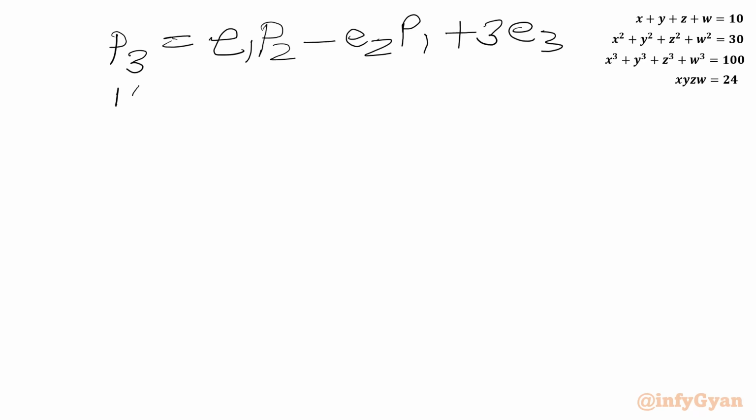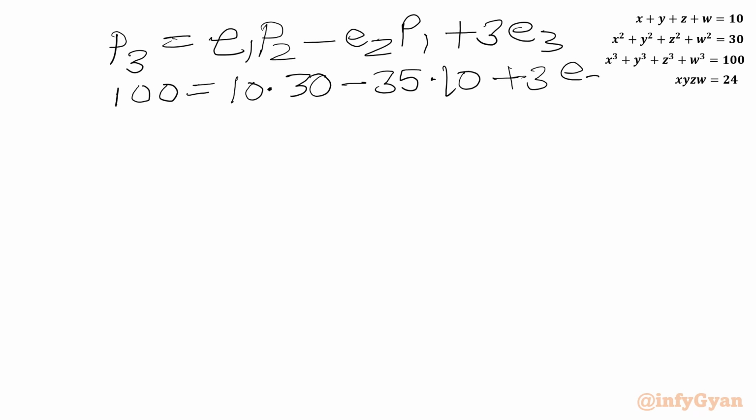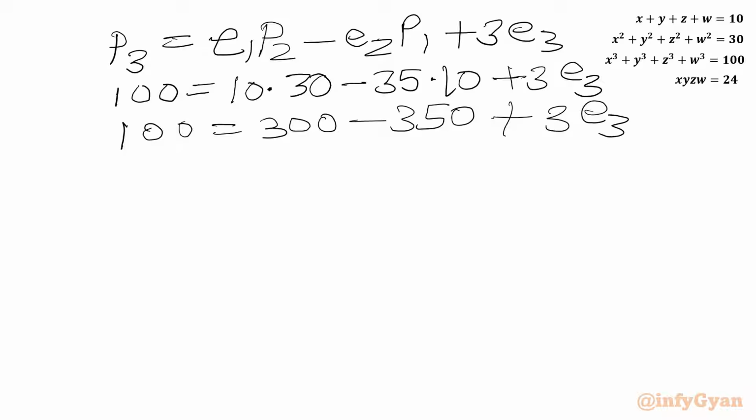P3 100, E1 10, P2 30 minus E2 is 35, P1 is again 10 plus 3 times E3. And from this equation, we will calculate E3. Let's simplify. 100 equal to 300 minus 350 plus 3 times E3. Or I can write 100 equal to minus 50 plus 3 times E3.